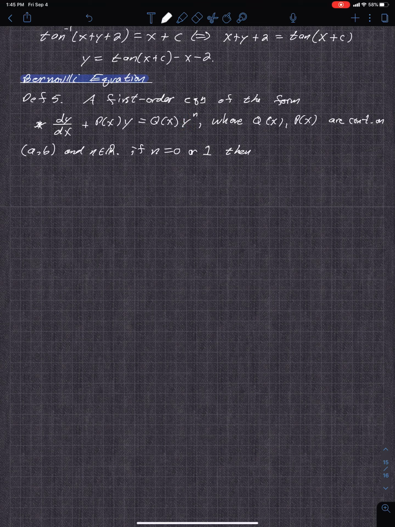So if n is 0 or 1, then that equation, which I'll label star, is linear. Okay, if not, then substitute v equals y to the 1 minus n. If you do that, you end up getting a linear equation.